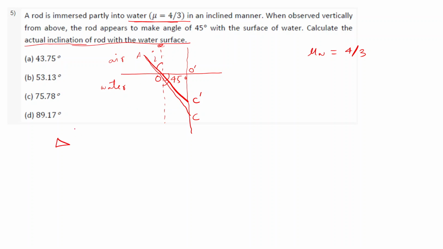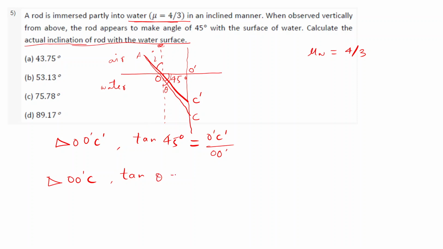Then for the right angle triangle O prime C prime, in this, if we take tan 45 degrees, tan 45 will be perpendicular, which is O prime C prime, and base is O prime O. Similarly, in the right angle triangle O prime and C, this bigger right angle triangle, tan of the actual angle we have been asked to calculate, whatever the actual angle is, let's call it theta.